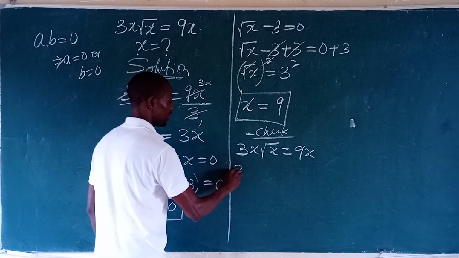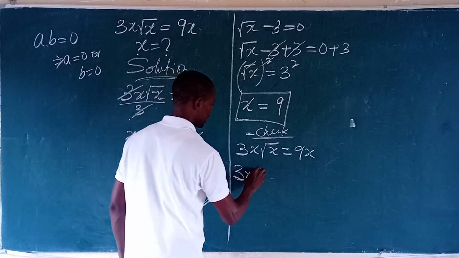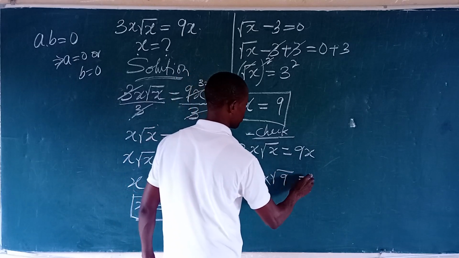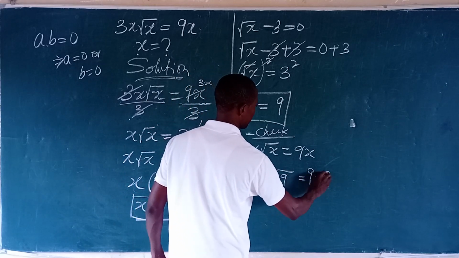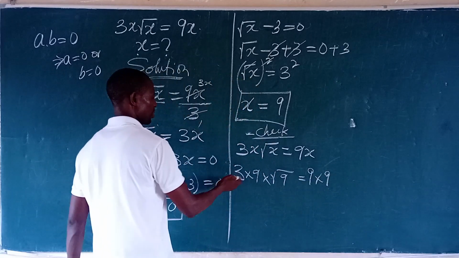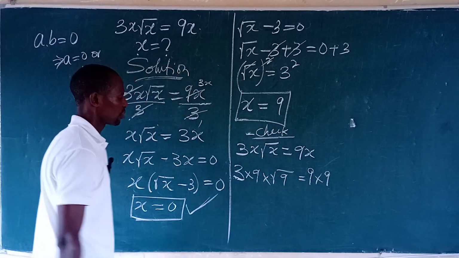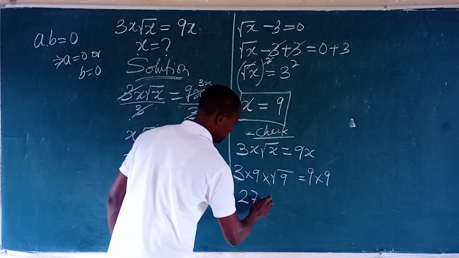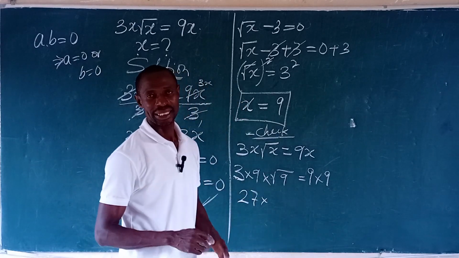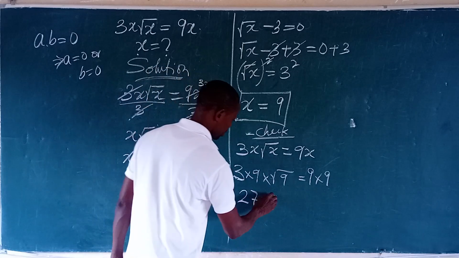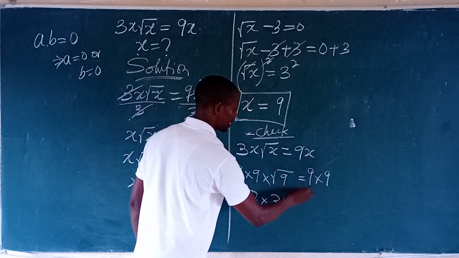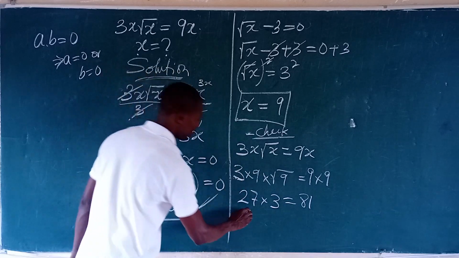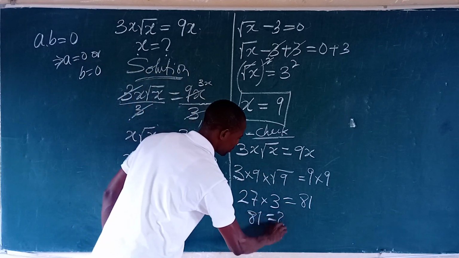So we have 3 times 9, times root 9, equal to 9 times 9. 3 times 9 gives us 27. So we have 27 times the square root of 9, which is 3 because it's a perfect square. This equals 9 times 9, which gives us 81. 27 times 3 gives us 81.